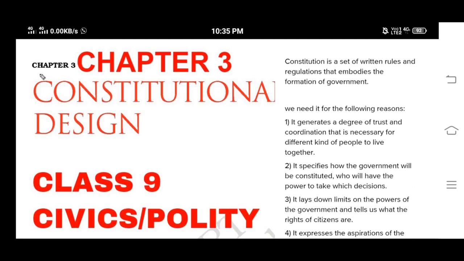Second, it specifies how the government will be constituted, who will have the power to take which decision.